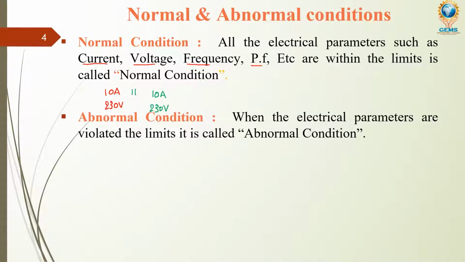I have set my system to work at normal, this is the set value, or I will write limit value. This is the limit value. Now this is the normal.